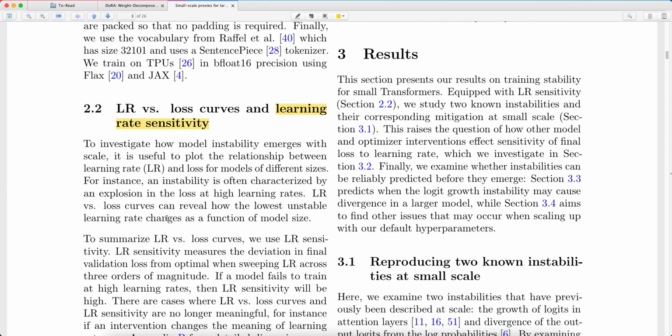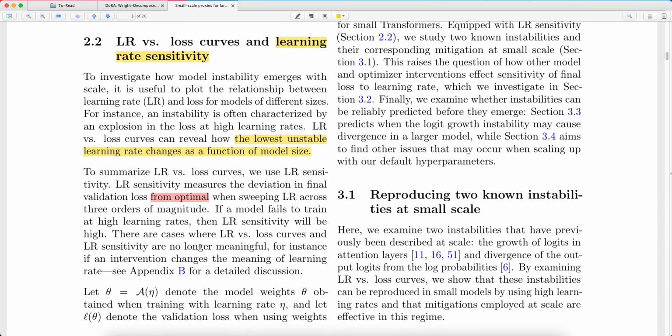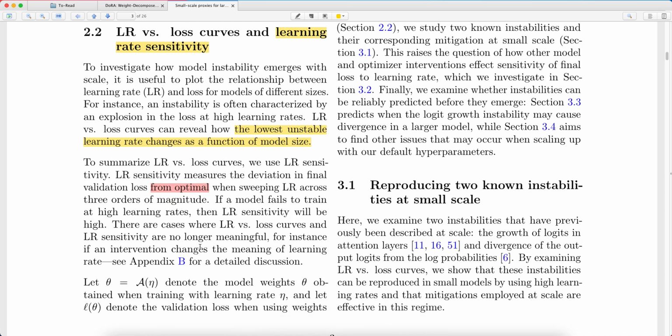Reveal how the lowest unstable learning rate changes as a function of model size. Okay, here we go. LR sensitivity measures the deviation in final validation loss from optimal when sweeping learning rate across 3 orders of magnitude. If a model fails to train at high learning rates, then LR sensitivity will be high.